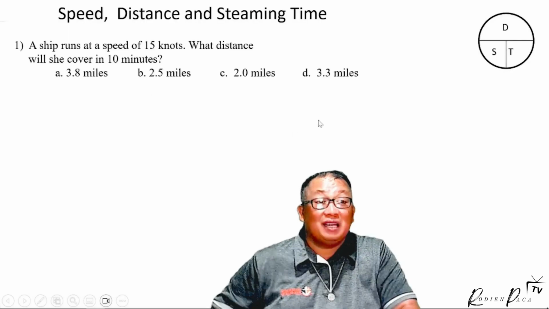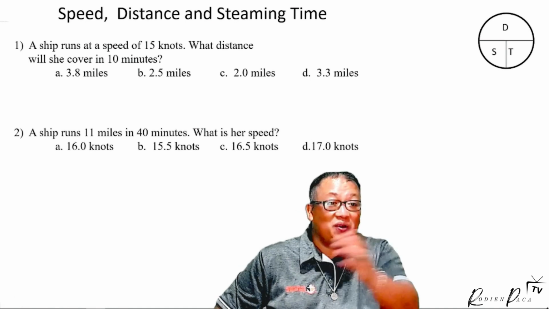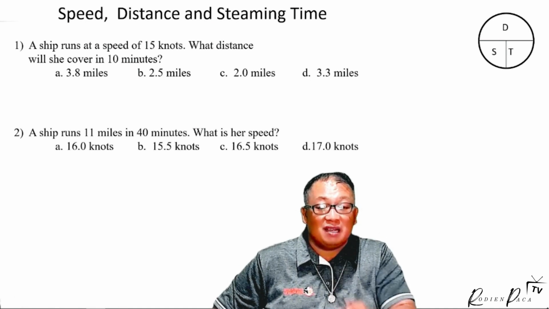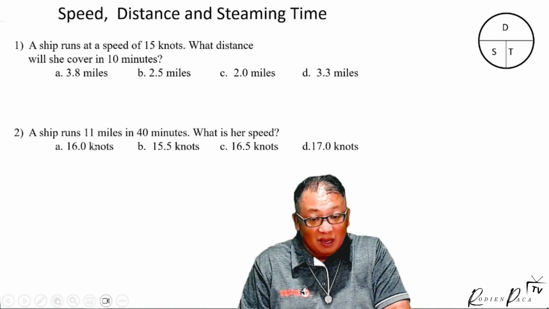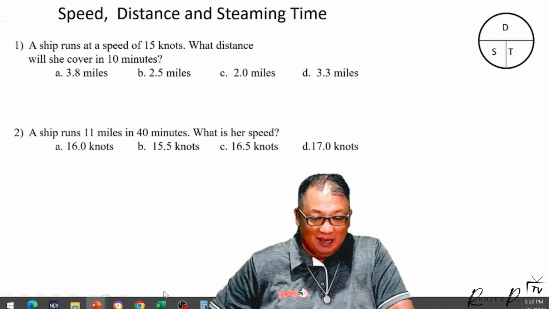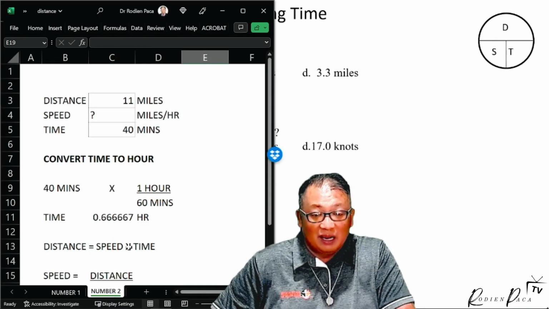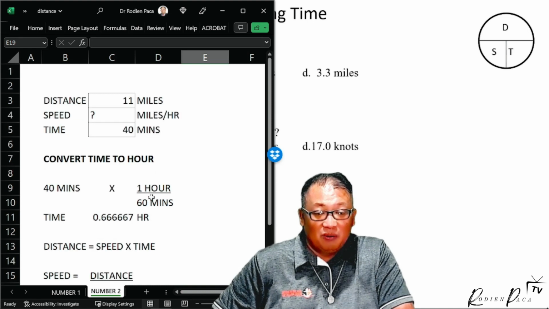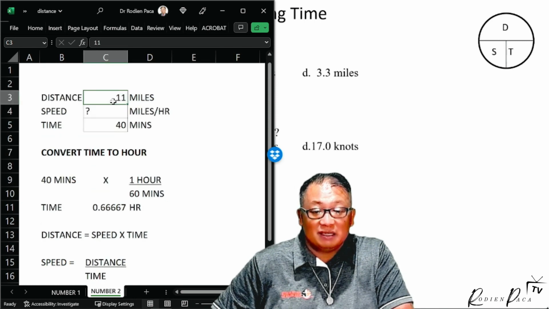I am not contented with only one problem, so I'll give you another one. A ship runs 11 miles in 40 minutes. So this time, this is distance and this is time, and they're looking for speed. So we'll solve again using our Excel. Distance is 11 miles.